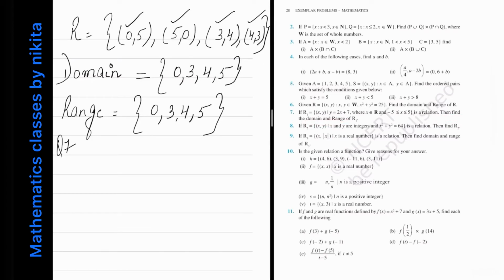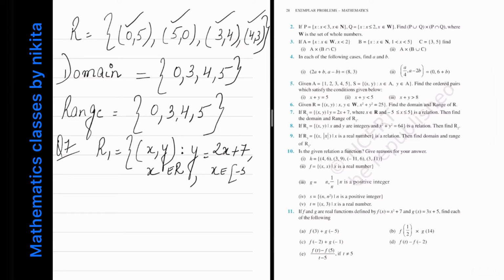So question number 7, R1 is given to be all those (x, y) such that y is equal to 2x plus 7, where x belongs to R and x belongs to the closed interval -5 to 5. I can write it like this also. Now the domain, you can see that you get the domain from here, real numbers lying in this interval.